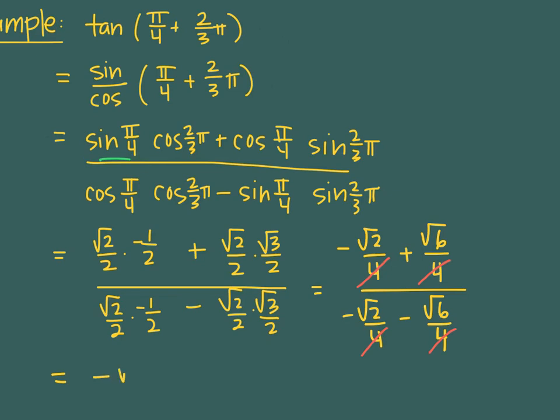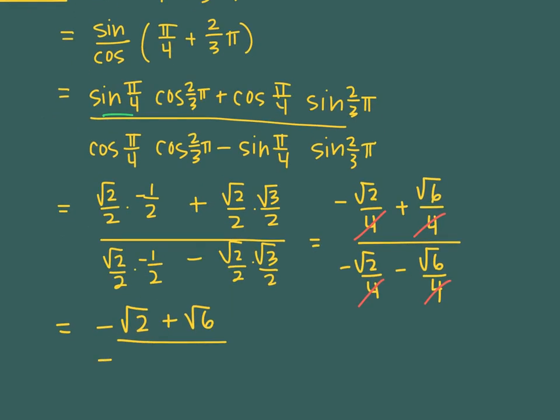So we are left with negative square root 2 plus the square root of 6 over negative square root of 2 minus the square root of 6. Now nothing else reduces. You can reduce common denominators, but you can't reduce addition or subtraction.